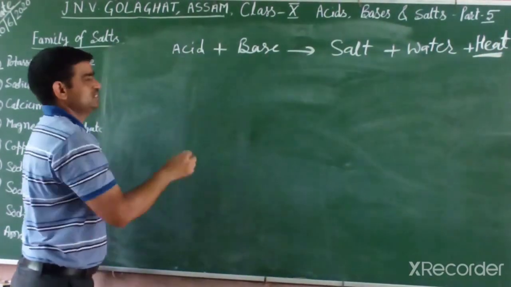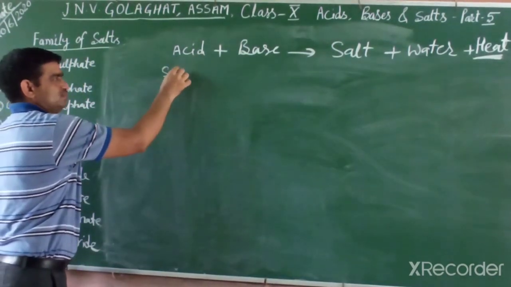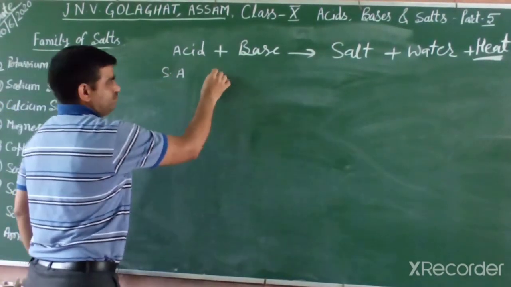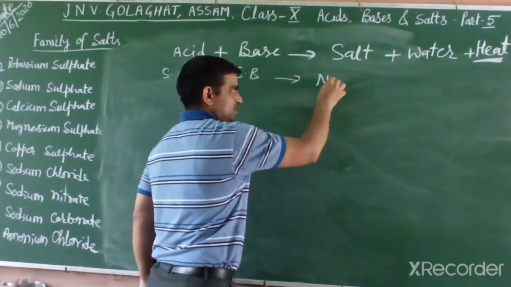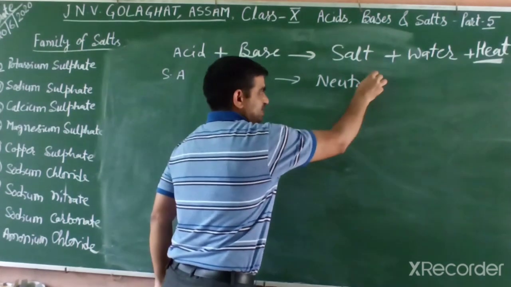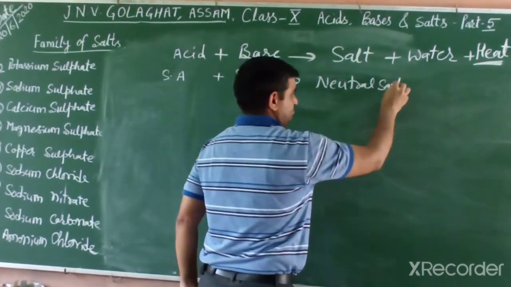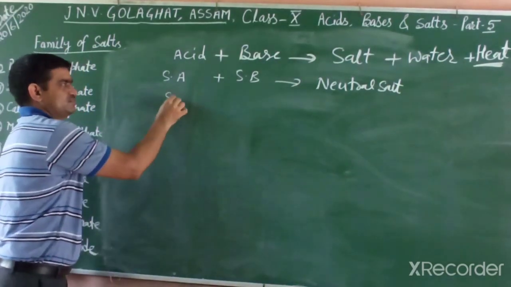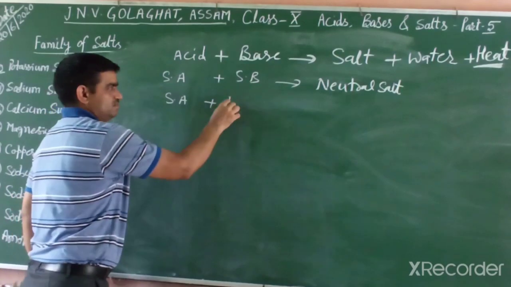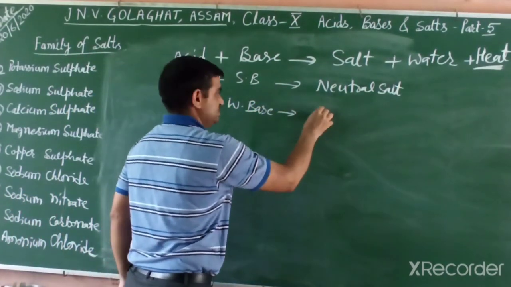So you know acid and base are of different types. If a strong acid reacts with a strong base, then we get a neutral salt. If we get strong acid plus weak base, then we get an acidic salt.